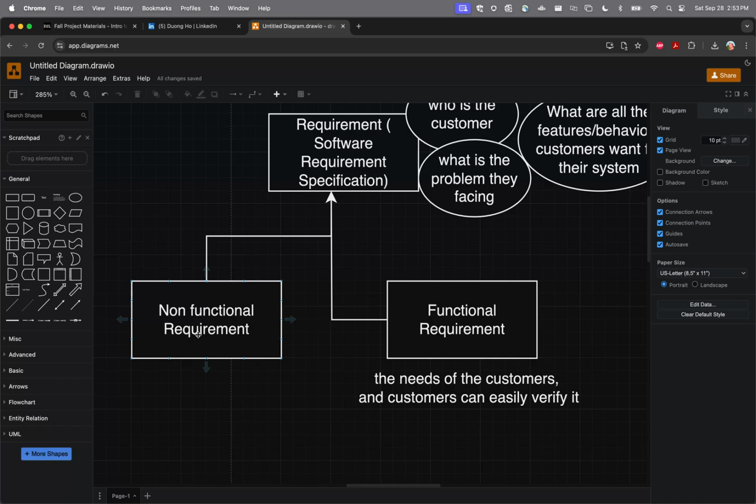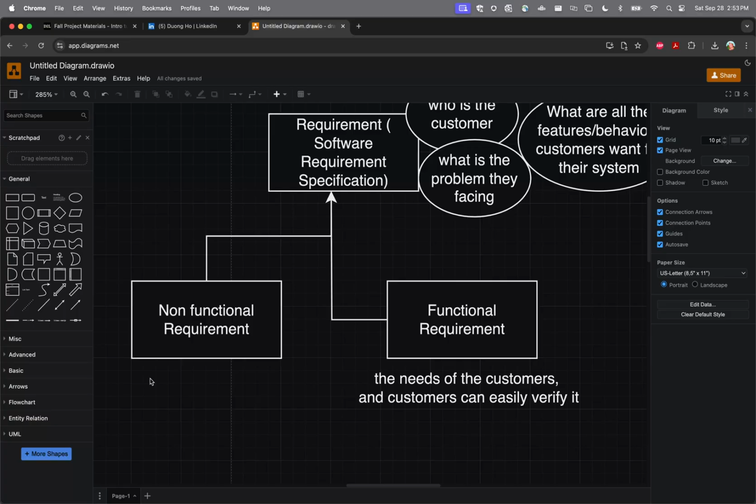Those are functional requirements. Non-functional requirements are the characteristics that help make people want to use your system. So once again, non-functional requirements are things that the customer cannot really see or feel. Functional requirements are things that the customer can actually verify themselves.